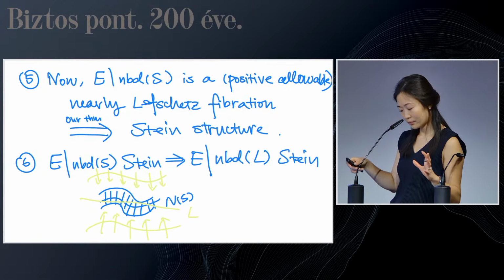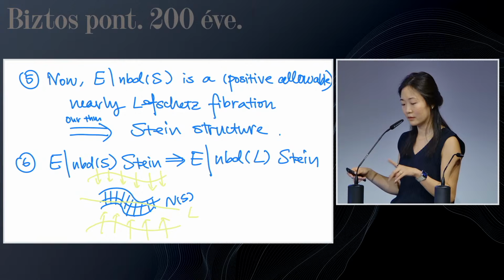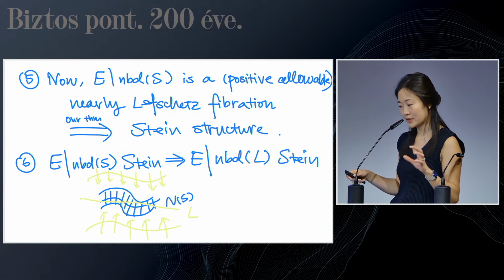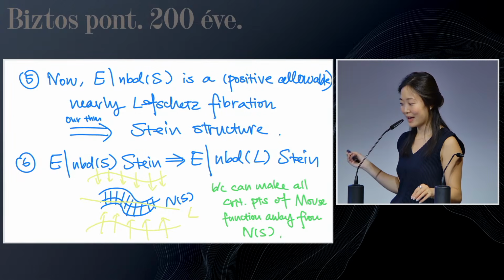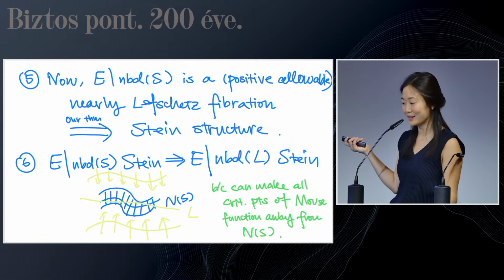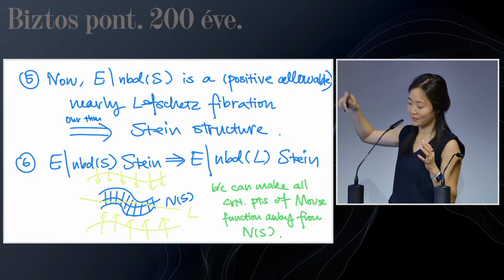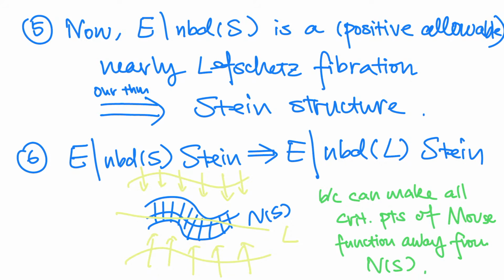The attaching sphere for the Weinstein 2-handle around the exotic fibers is compact, so you can make all the critical points of the associated Morse function on your Stein domain away from this symplectic surface that's cut out.